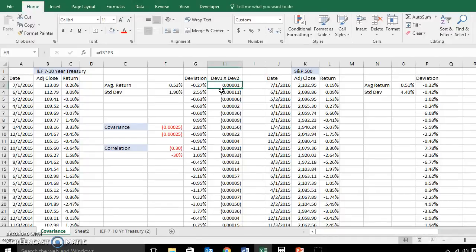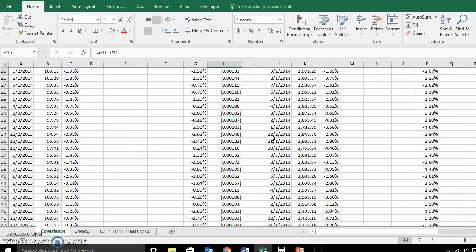It's almost the same concept because you already have two deviations, deviation of asset class 1 and deviation of asset class 2. So why not multiply these two? So you can see this is G3 times P3, this is G3 and this is P3. So you're doing a multiplication, and the same formula is all across, right?